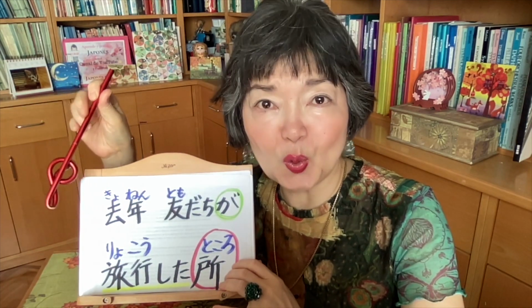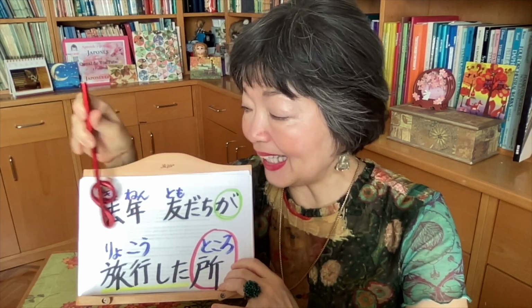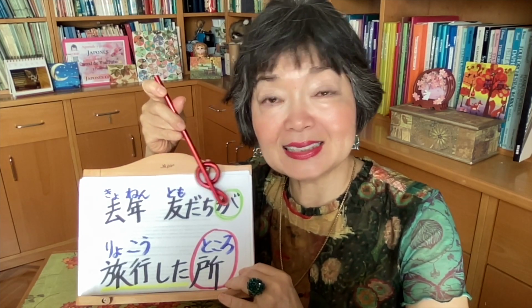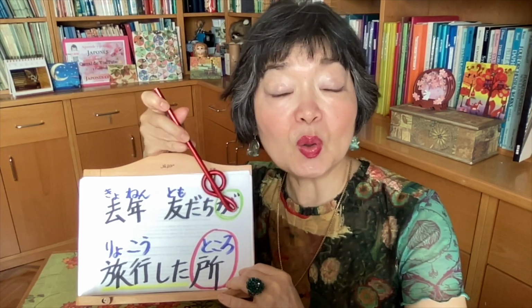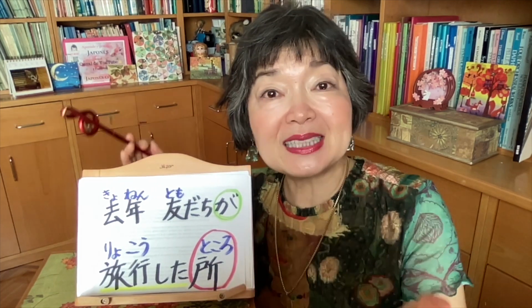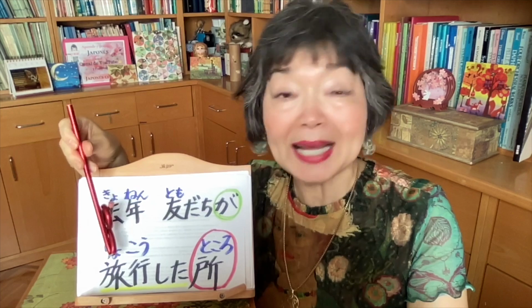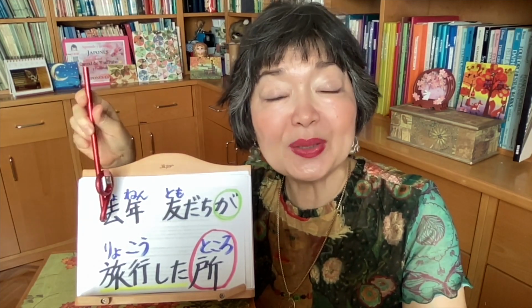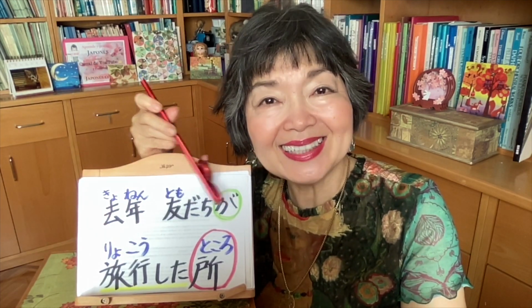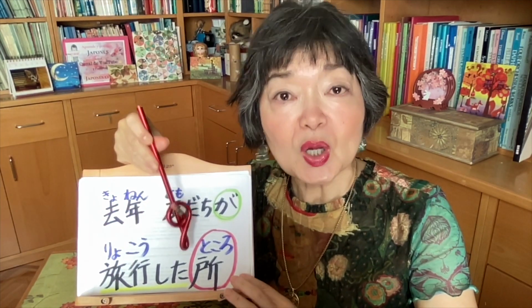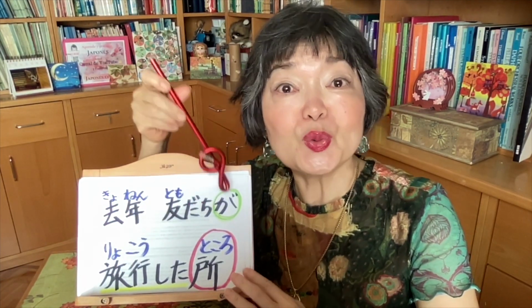Now we are going to see this sentence in Japanese order. At first, last year, this is the date. 友達が, my friend, the subject. But here the particle が instead of は, because the normal sentence, last year my friend traveled, is 去年友達は旅行しました. But in the relative clause we must change は to が.